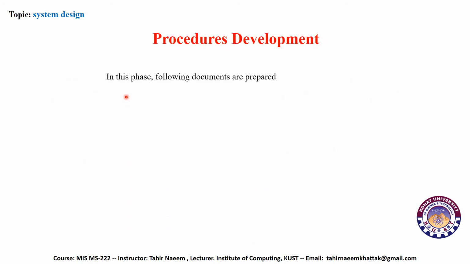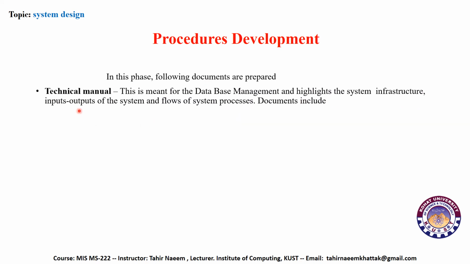Procedure development. In this phase, the following documents are prepared. Technical manual. This is meant for database management and highlights the system infrastructure, input and output of the system, and flow of the system design. So the technical manual, as the name suggests, shows the database, what input is entered into the system, what output we can expect, and what the flow of the process is.